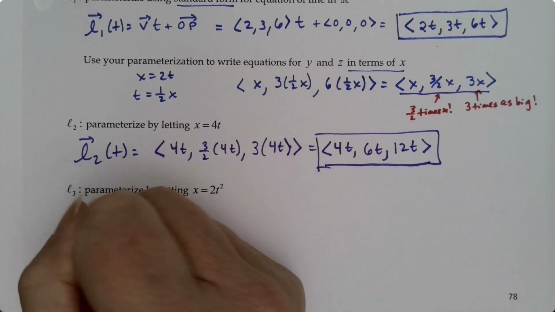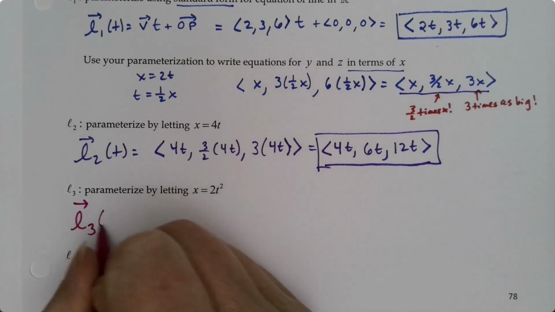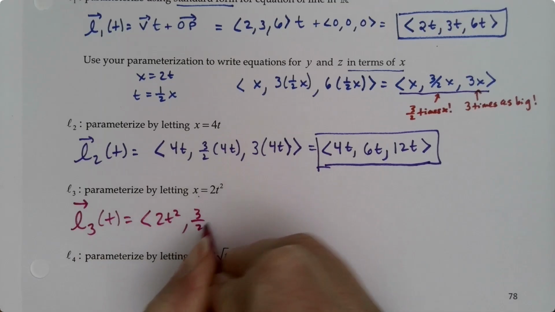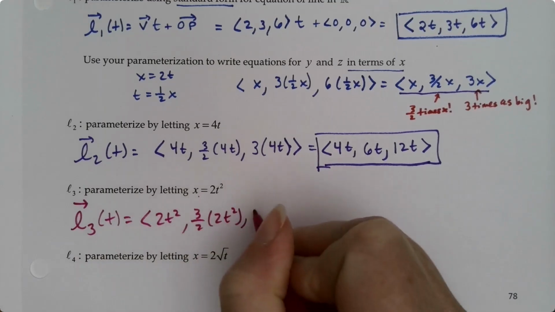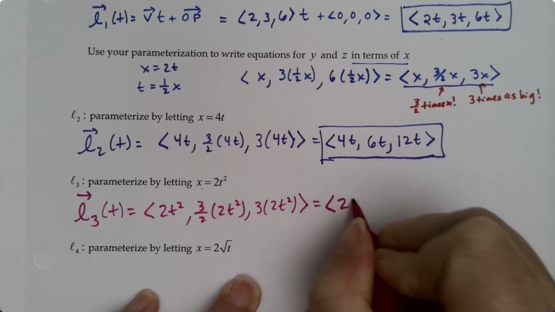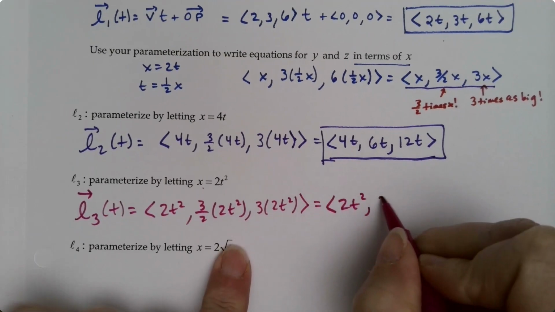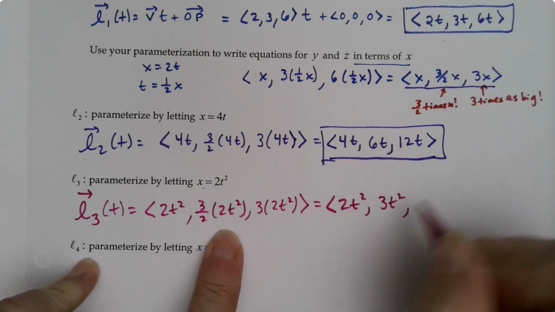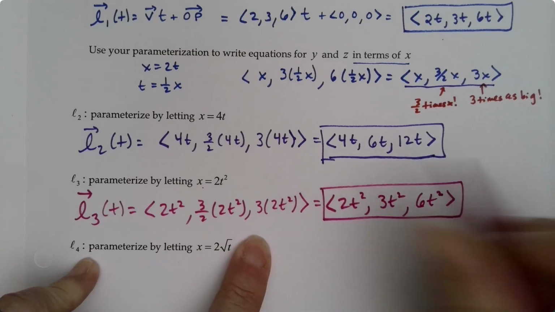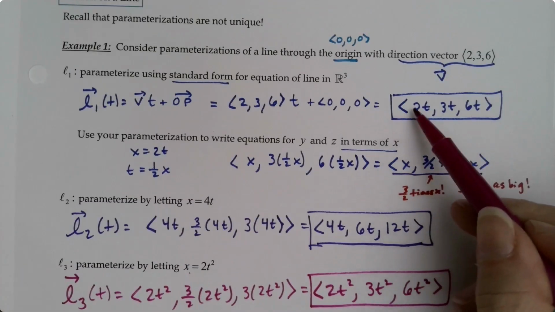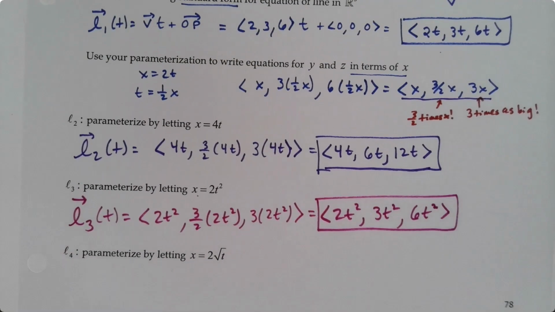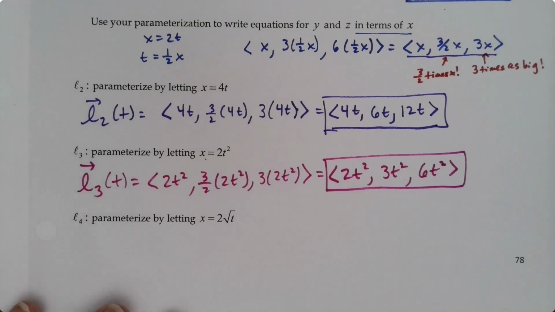Or I could put it into that modified form I have. 2t squared, 3 halves times 2t squared, and then 3 times 2t squared, which would be 2t squared for the x, 3t squared for the y, and then 6t squared for the z. And you can see that would be the same thing as multiplying each of these terms by t. Right? That would get you there. But it still works.